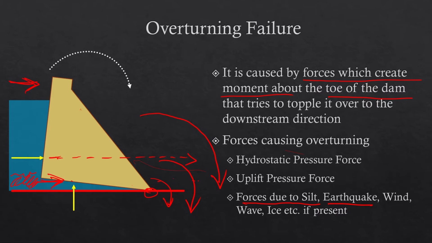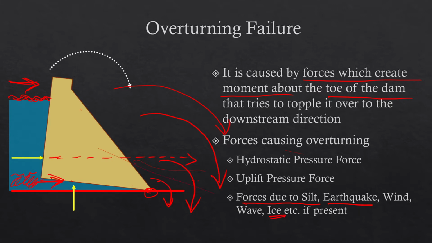Then wave and ice forces. If waves are generated here, then they are going to give some additional pressure, and that is again going to add to the overturning.